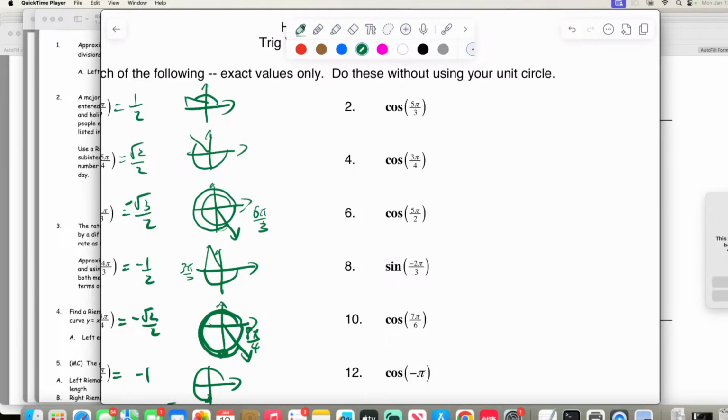It's not the five. Cinco. Okay, 2 over 3, right here. Is 8 negative? Whoa.